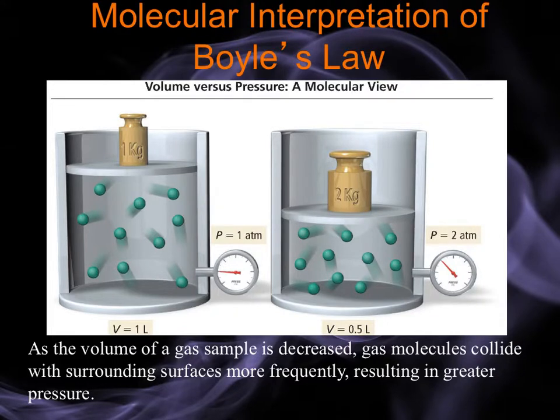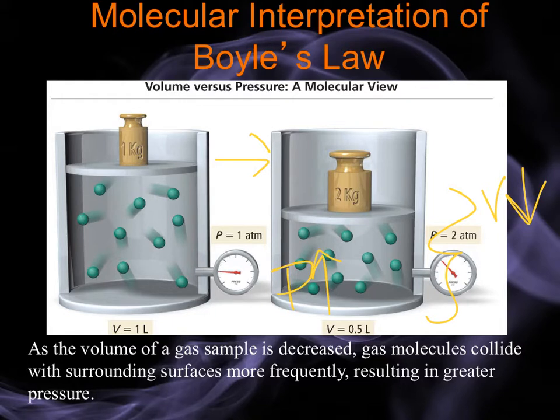On a molecular level, which you will probably be asked to explain, let's look at what happens when we change pressure and/or volume of a sample. If you're looking from the left to the right, what have we done? We have decreased the volume, okay? So from Boyle's Law, what happens when you decrease volume? It means that pressure must go up.